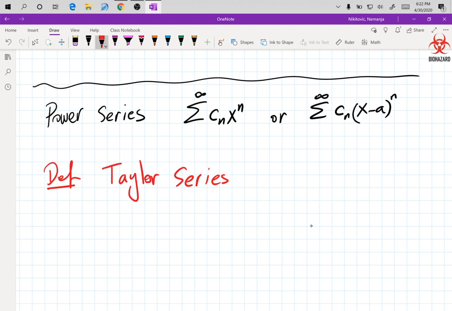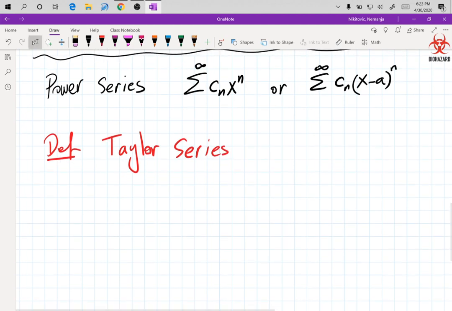Well, hold on. Why are you defining it in one and then in the other? There is no reason to do something and then do it again.